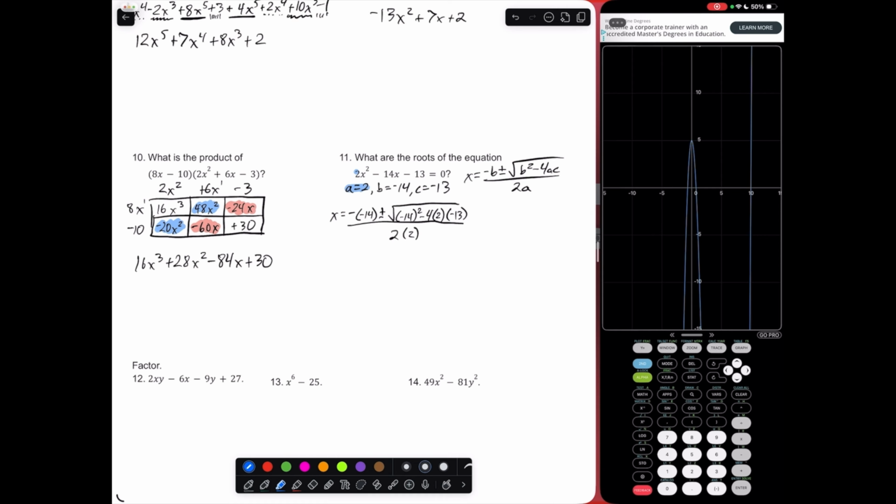So our A value was 2. That went here and here. Right, that's A. B was negative 14. B is the one we need to be, I mean, we should be careful of all of them, but B is the one that you need to be most careful of because you have a negative value in the outside and then the B squared, which will make a big difference if you don't use the right sign.